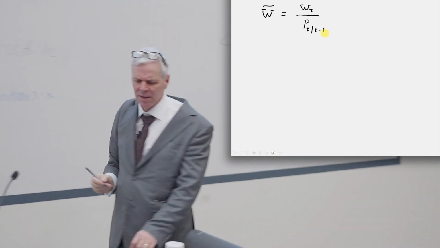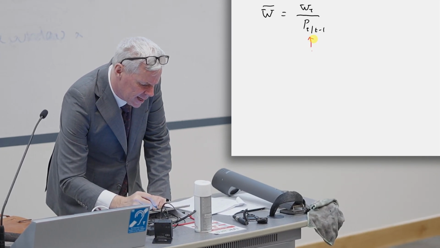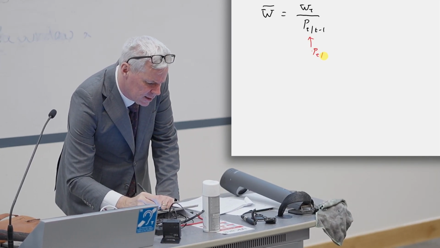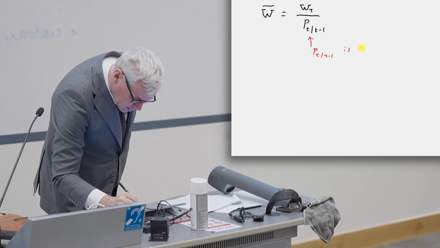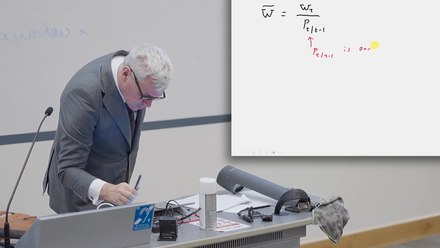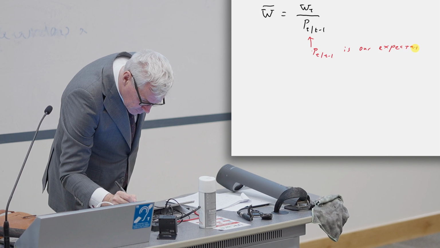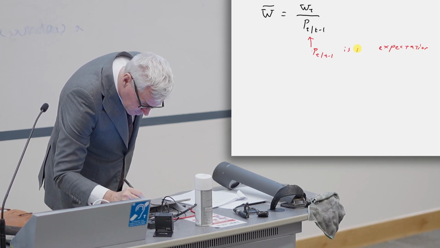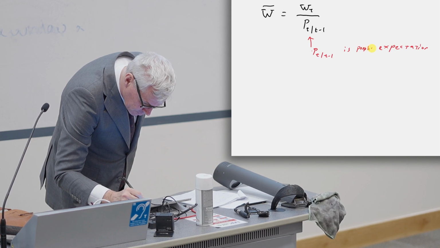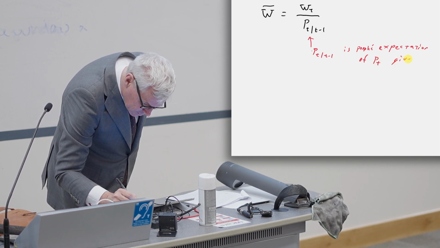What does that mean? Well, we're going to use this notation to say P_t given t minus 1 is people's expectation of P_t given information at time t minus 1.